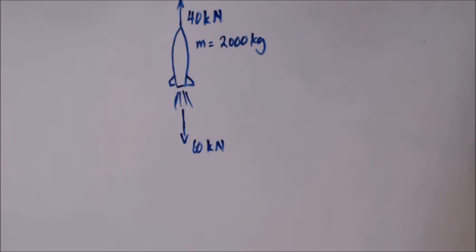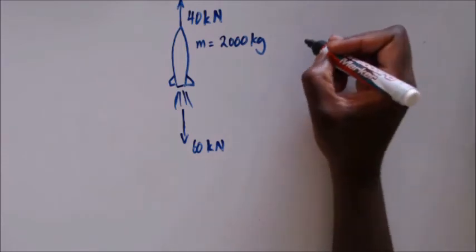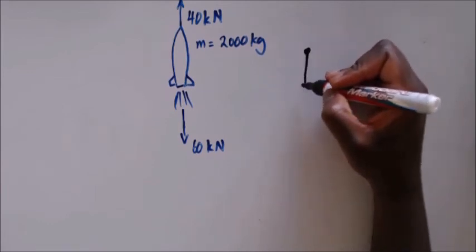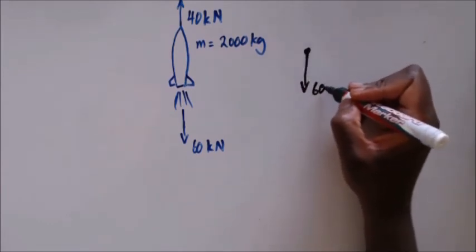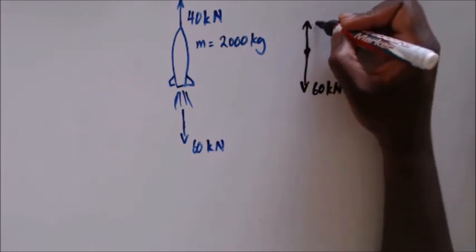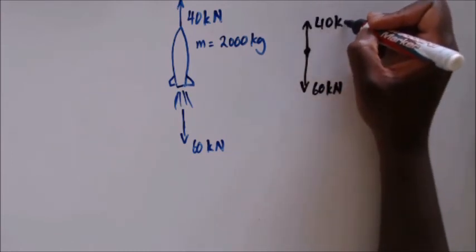So let's say the 60 kilonewtons is a sum of the air resistance and the weight of the rocket. So it's a sum of all of the downward forces. What we have is a simple scenario which can be represented by the free body diagram as follows. So you've got 60 kilonewtons, and then upwards you've got 40 kilonewtons.